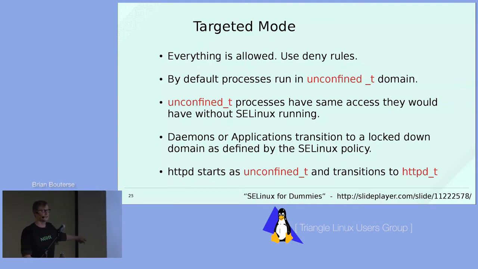Yeah, the process does start as unconfined_t, because everything in targeted mode does. But the policy rule for httpd transitions that from unconfined_t to the process domain httpd_t. That's how this happens. It's not magic. It starts as unconfined_t, and the policy transitions it. And when you write a policy, this is pretty much the first thing you do.